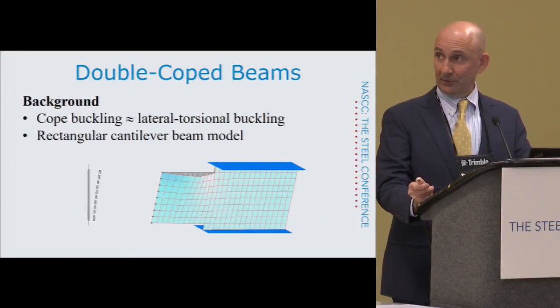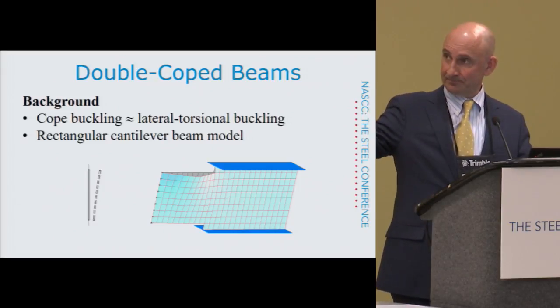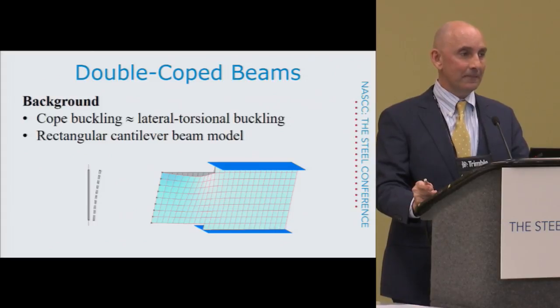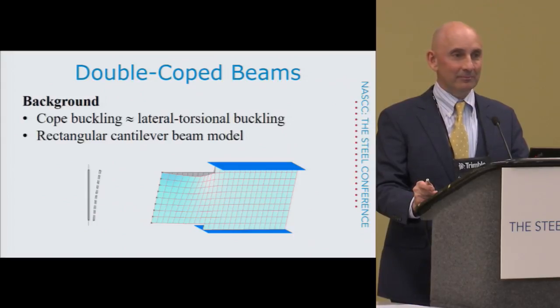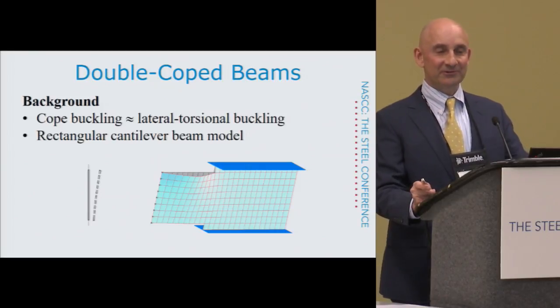One other thing I'll note is that if you look really close at the deformed shape, there is some distortion in that web. In other words, there's some bending. There's a thing called distortional buckling that happens in every beam. Every wide flange beam has distortional buckling that lowers the strength.